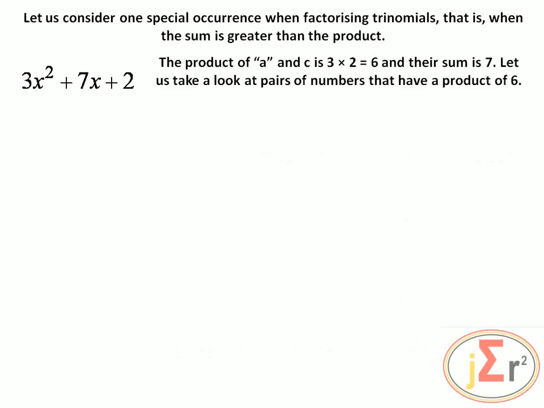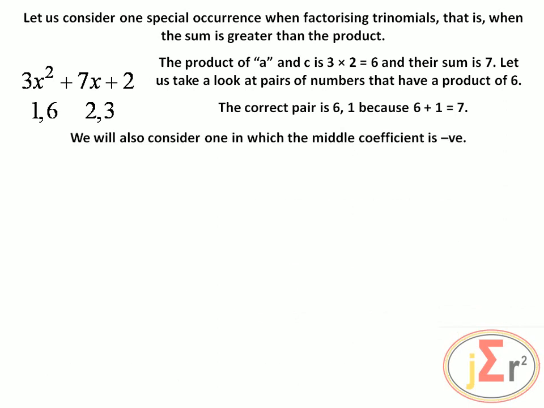So we have right there 3 times 2 is equal to 6. So that is our product, and the sum is 7. The sum is greater than the product. Let us take a look at the pairs of numbers that have a product of 6. Only 6 and 1, and 2 and 3. The correct pair is 6 and 1 because 6 plus 1 is equal to 7.